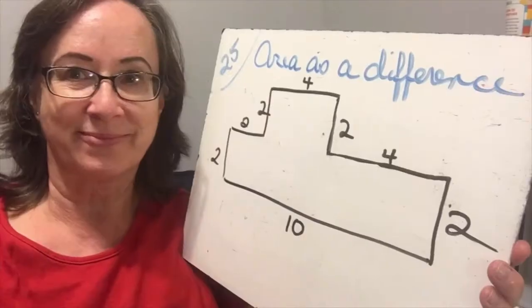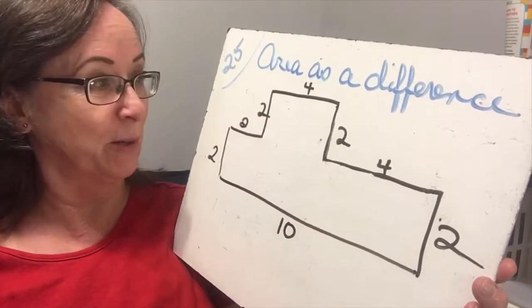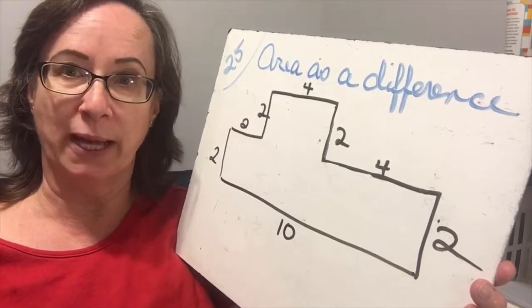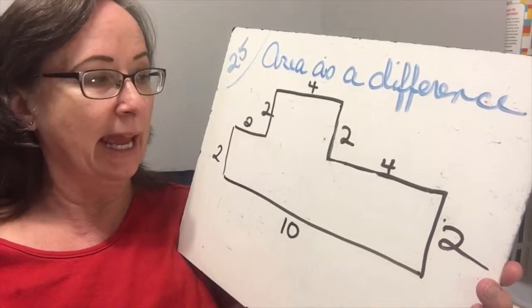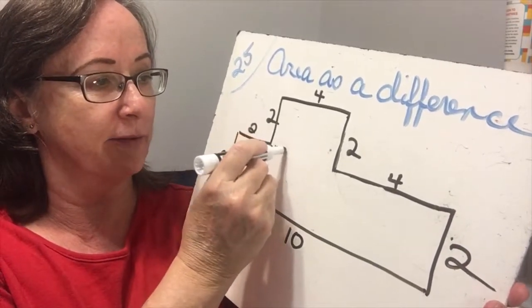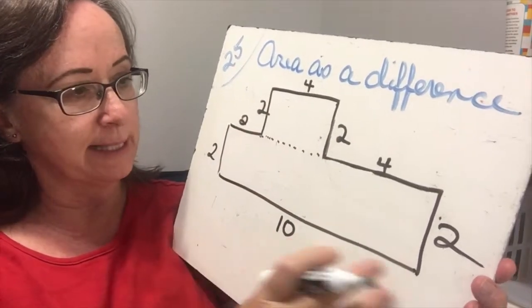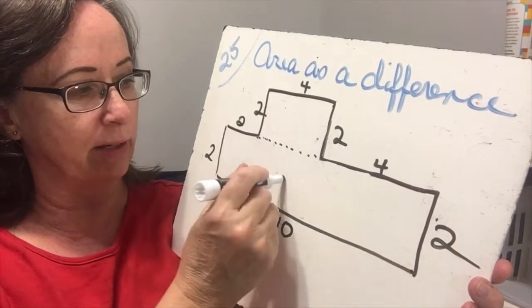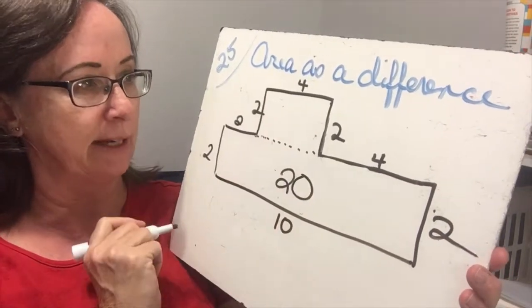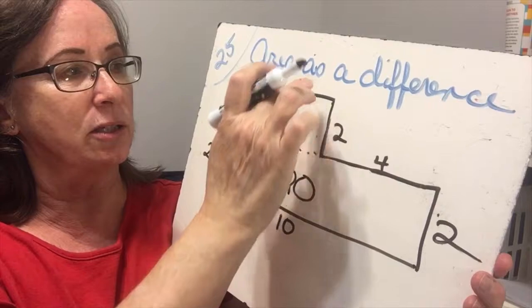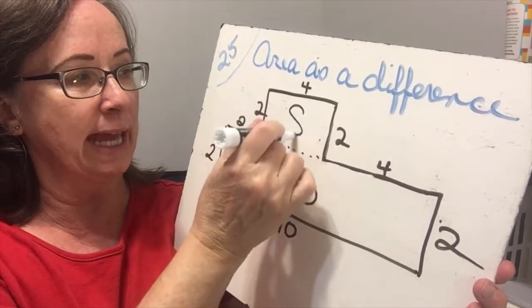Let's do another one. Okay, this is example 2, and we're going to do it 2 ways. We're going to do it with addition, and we'll just divide this right here and add these two areas together. So this area is a 2 by a 10, or 20, because 2 times 10 is 20, and this area is 2 times 4, which is 8.